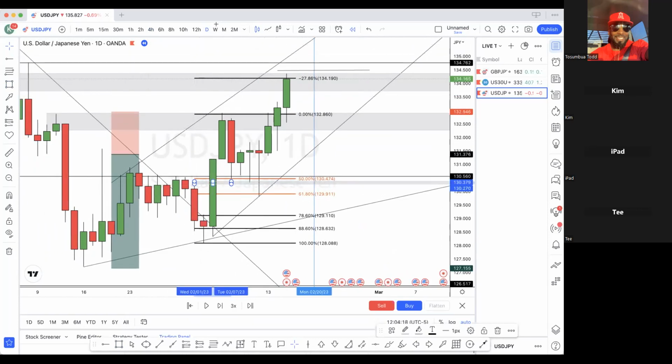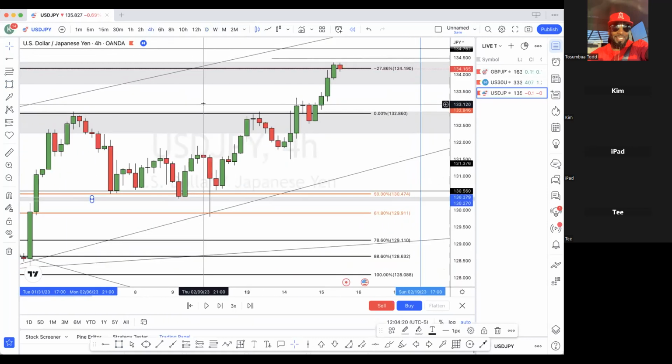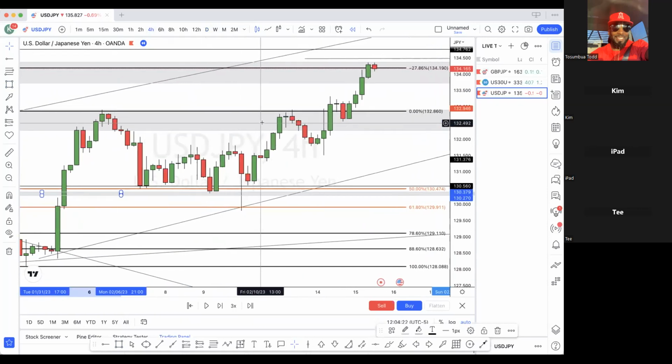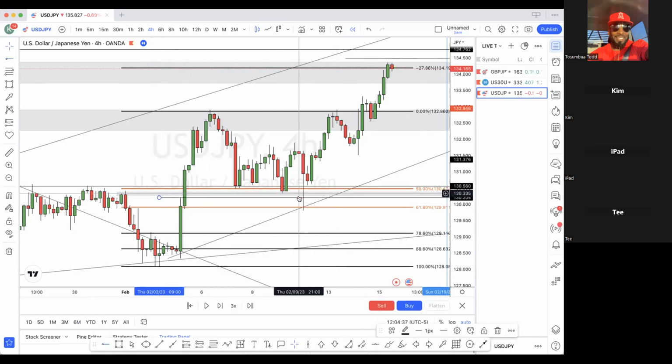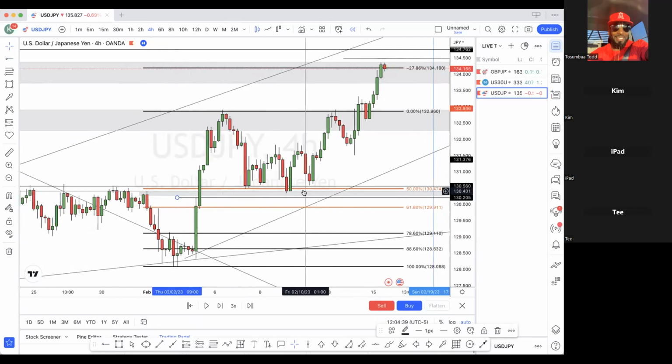But on the lower time frame, on the 4 hour, it pulled back to what I would be looking for, a violated order block and this to close this imbalance. That probably would have been my entry if I had traded it.